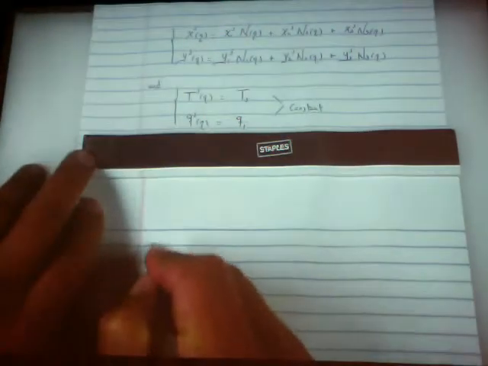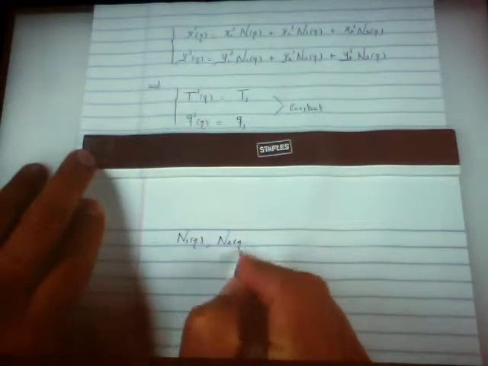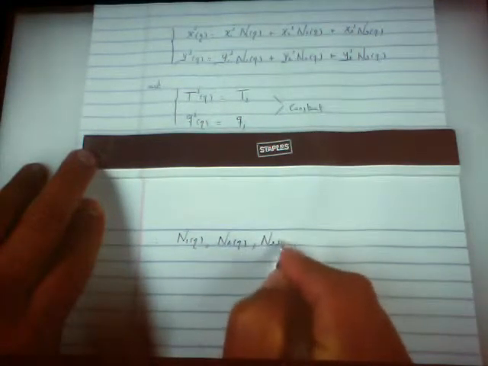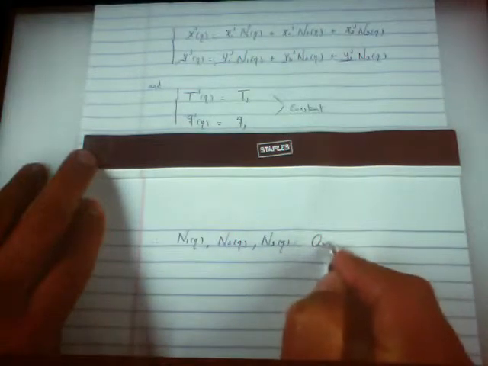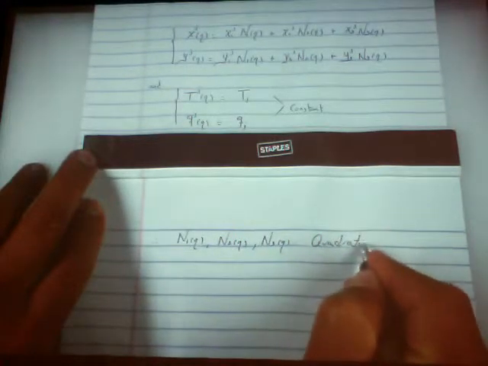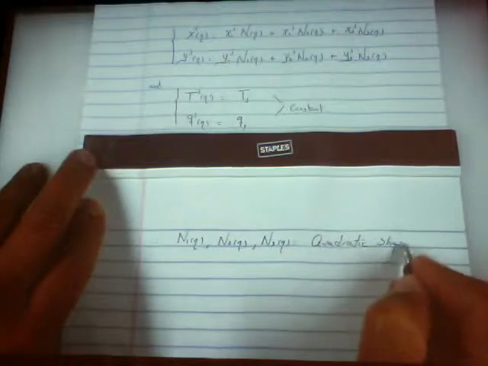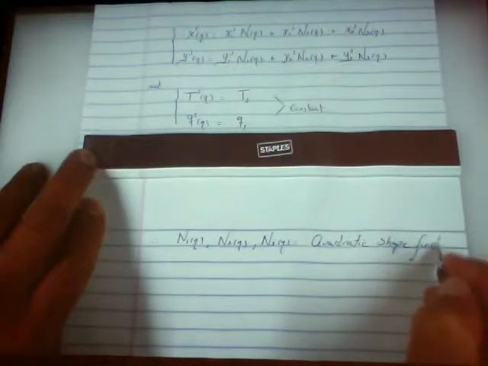Right, such that N1 of eta, N2 of eta, and N3 of eta are the so-called quadratic shape functions. And these are basis functions, remember?